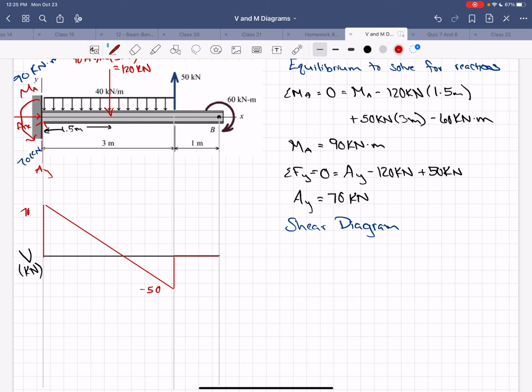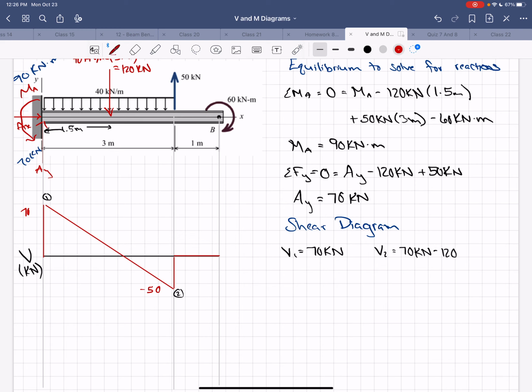Alright, so if we called this point 1, we would have V1 equals 70 kilonewtons. If we called this point 2, it would be V2 equals 70 kilonewtons minus 120.